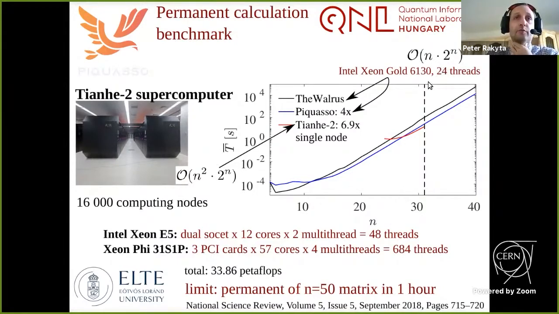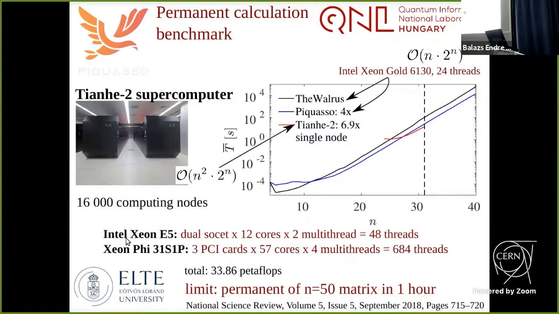We ran the code on 24 threads, and we also compared our benchmark to the benchmark done by a Chinese group on the Tianhe-2 supercomputer, which was the fastest computer 8 years ago.